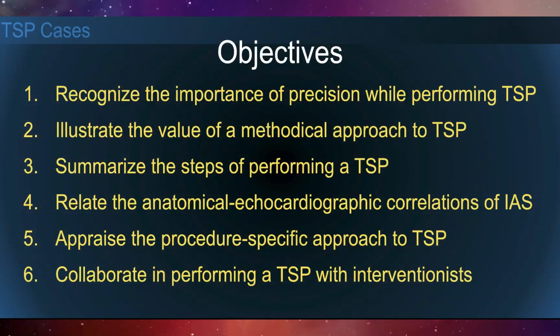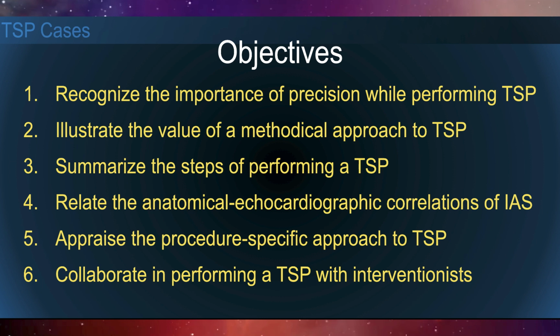The objectives of the training that we do for our structural heart disease fellows are sixfold: to recognize the importance of precision, illustrate the value of a methodical approach, summarize the steps, relate the anatomical and echocardiographic correlations, which is extremely important, and appraise the procedure-specific approach to Trans-Septal. Like Aidan said, a difficult procedure can become easy, and the other way around, if you choose the wrong location for Trans-Septal Puncture.